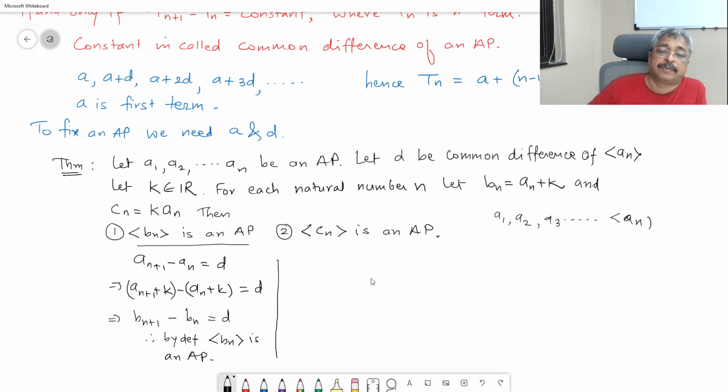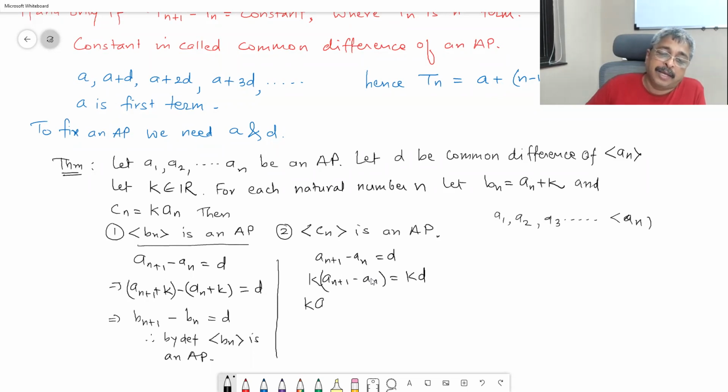Similarly here, An+1 minus An is equal to d. Let us multiply by k: k times (An+1 minus An) is equal to kd.